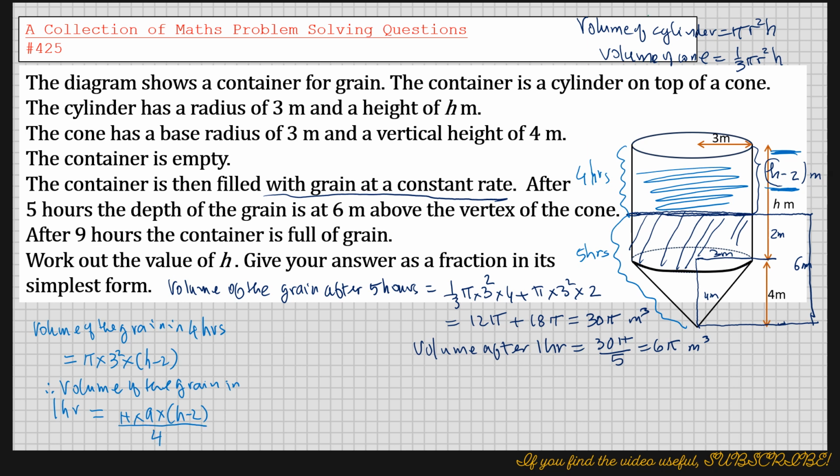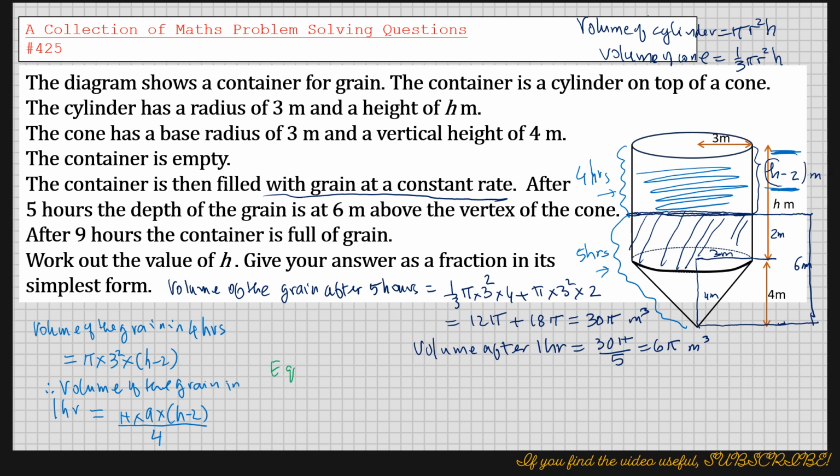Now we have to equate the two, because it's filled at a constant rate, so the rate at which it fills in 4 hours would be the same as the rate at which it fills in 5 hours. If we equate the two, we should be able to work out the value of h.